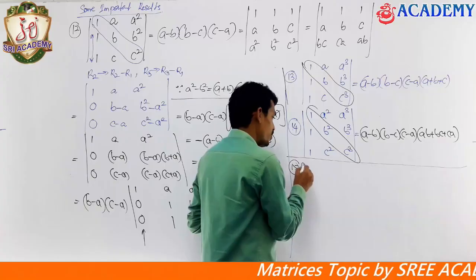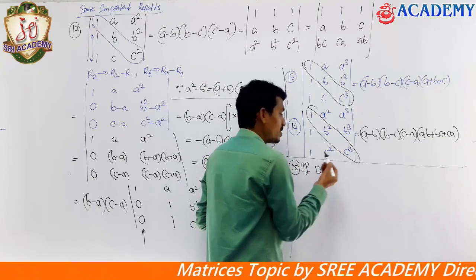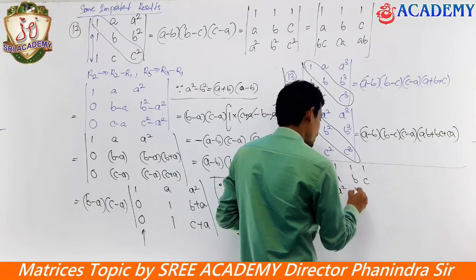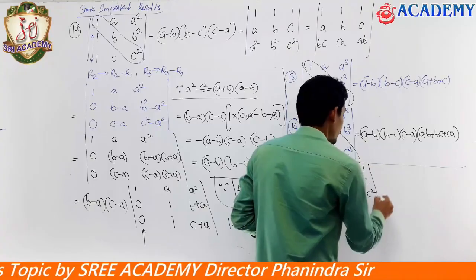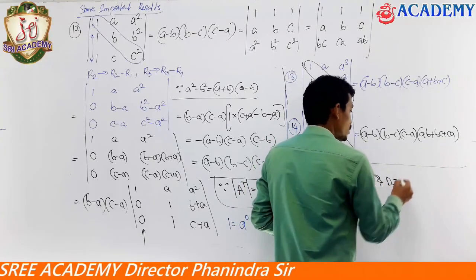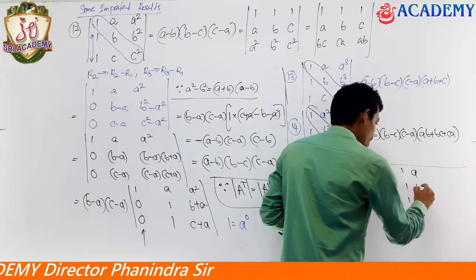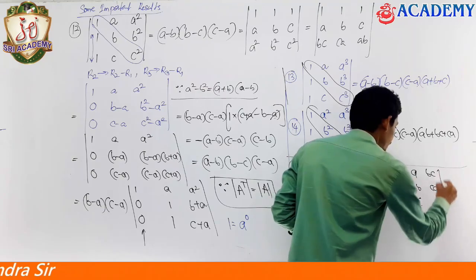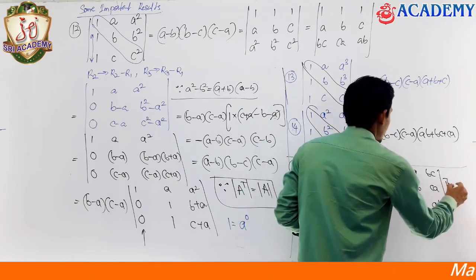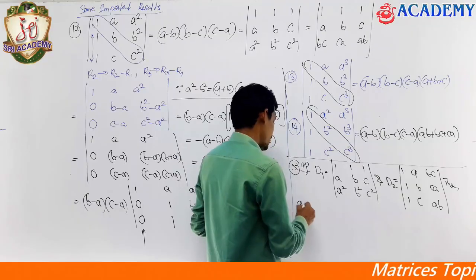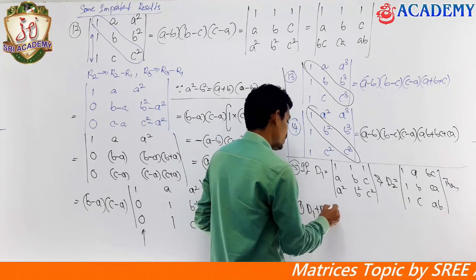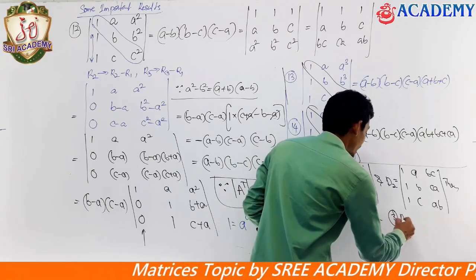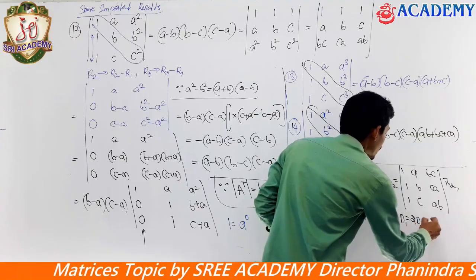See, if D1 equals to 1 1 1, A B C, A square B square C square, and D2 equals to 1 1 1, A B C, BC CA AB, then first option D1 plus D2 equal to 0, second option D1 equal to D2, third option D1 equal to 2D2, fourth option none.